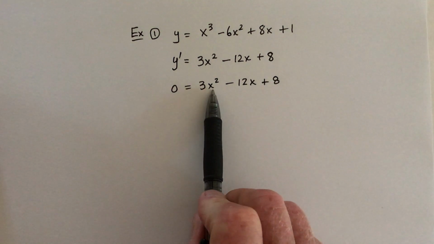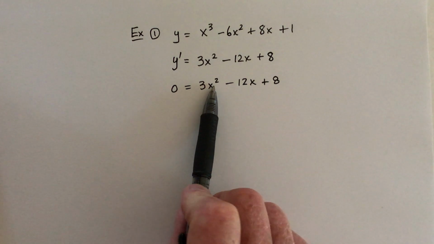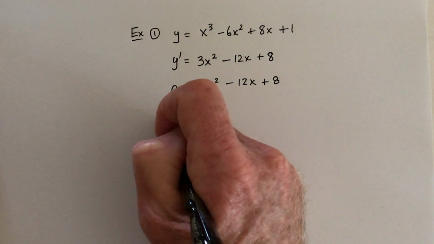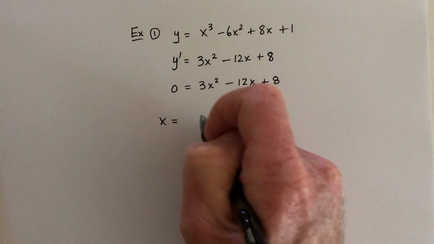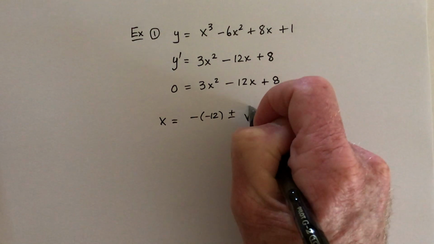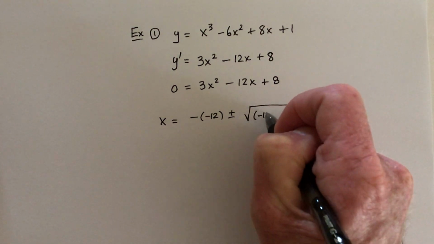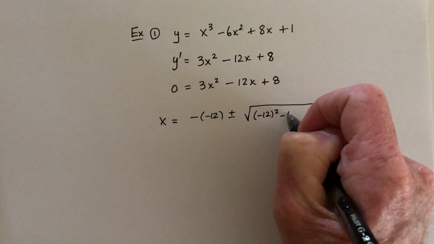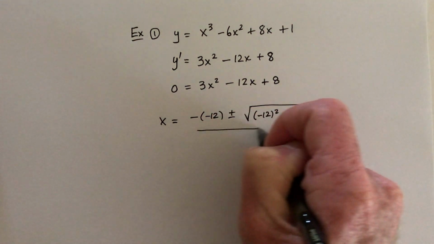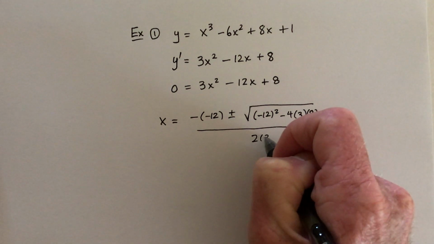And then because this has a 2, that means there's 2 answers. And the 2 answers are going to come from the quadratic formula. So x equals negative b plus or minus the square root of b squared minus 4 times a times c, all divided by 2 times a.